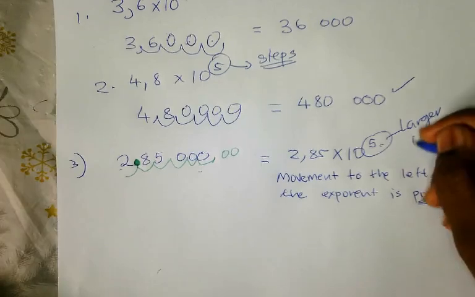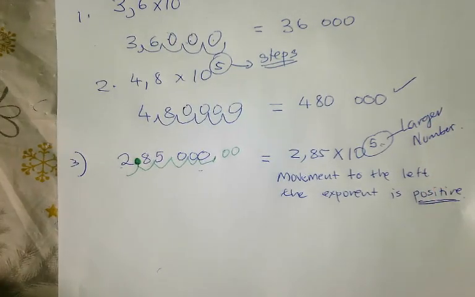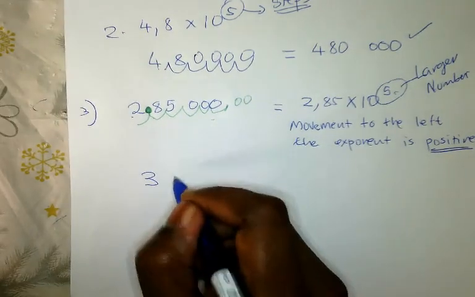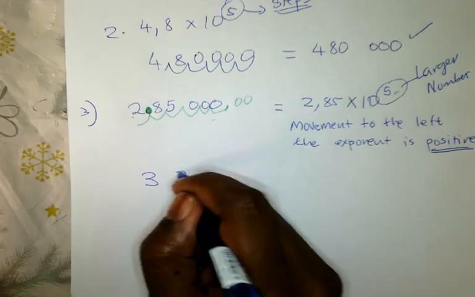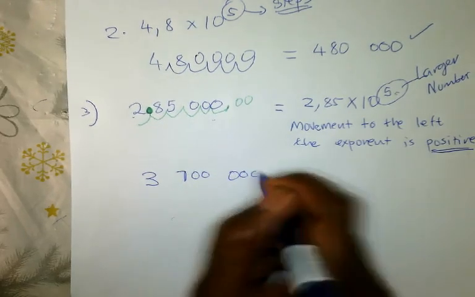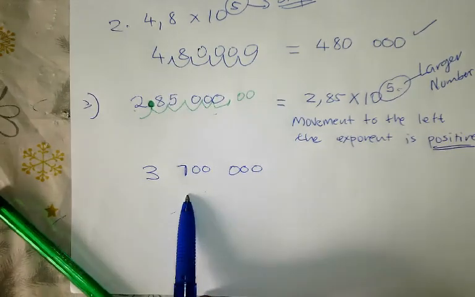Yeah, let's try another one. 3.7 million. 1, 2, 3. So they say write this as scientific notation. So we're going to start from here. Our comma is there. We move it up until 3. So let's count.